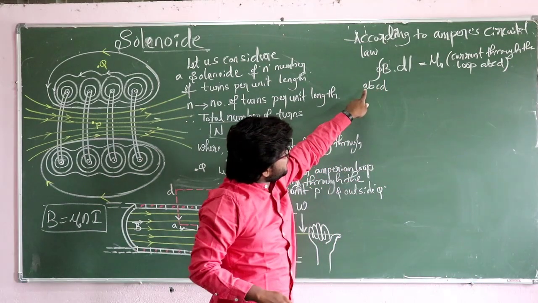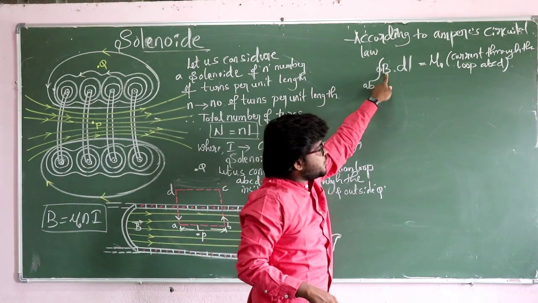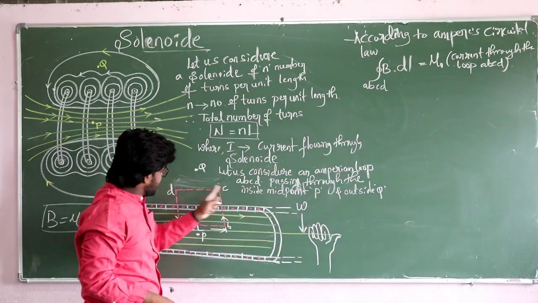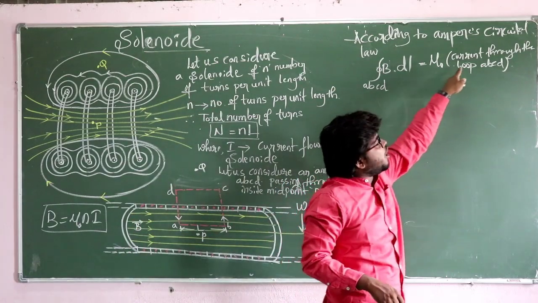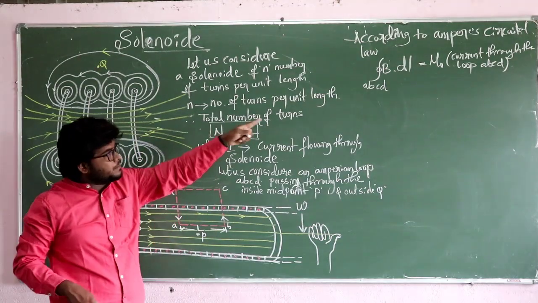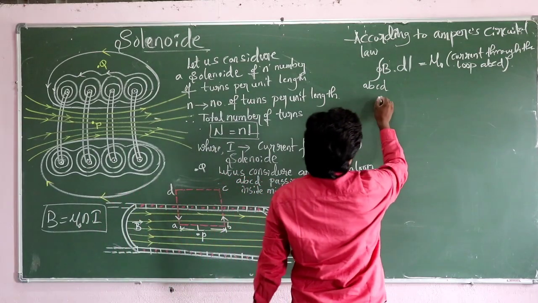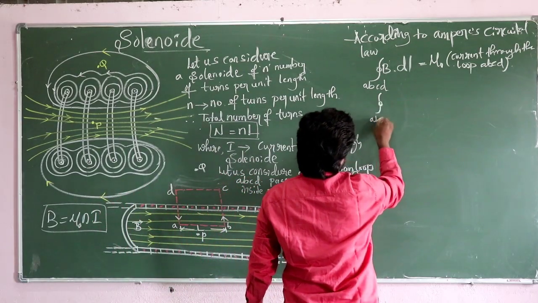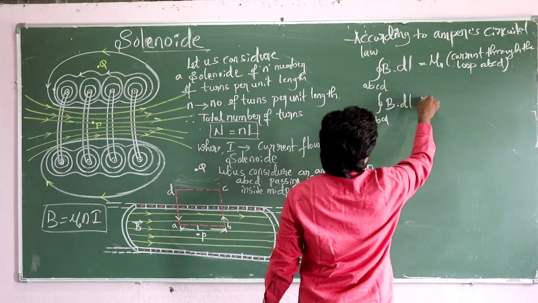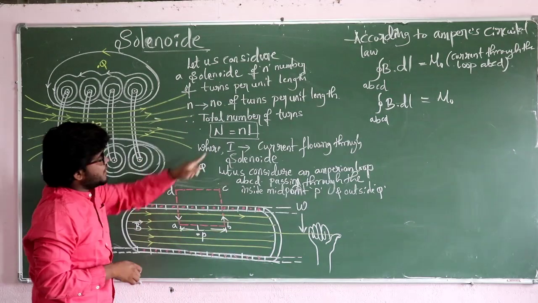So according to Ampere's circuital law, the line integral of B dot dl along the loop ABCD is equal to mu naught into I. What is I? The current passing through the Amperian loop ABCD. Understood? So now we can write the integral over ABCD of B dot dl is equal to mu naught times the current flowing through the loop ABCD. What is it?